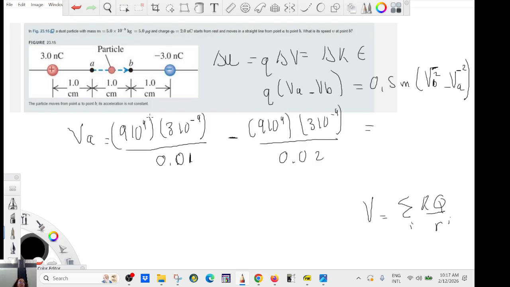So you can cross this one out, right? 9 and negative 9 go away. You can factor out 3, 9, 27, 27. Okay, something like this. And what do you get?